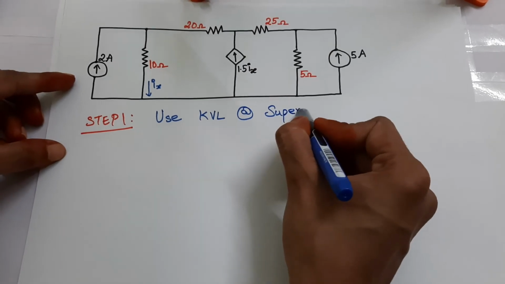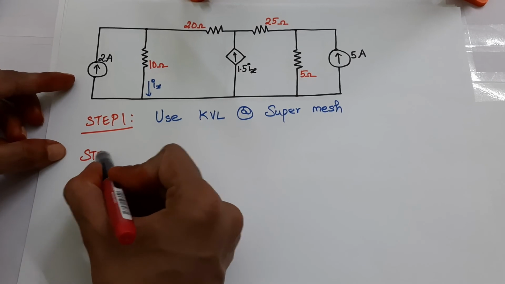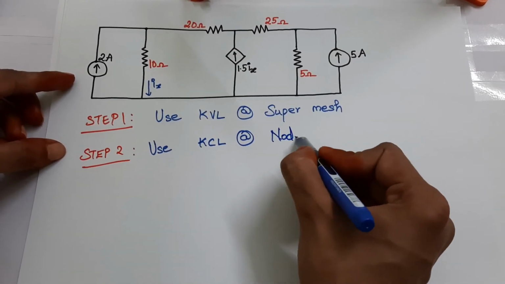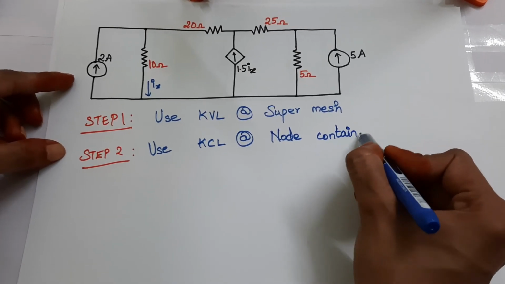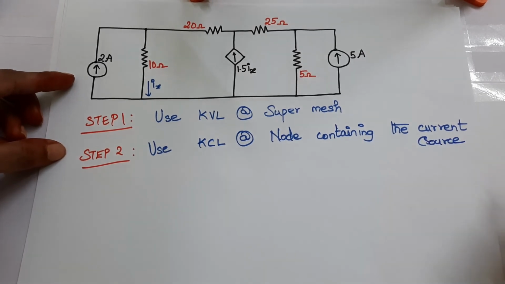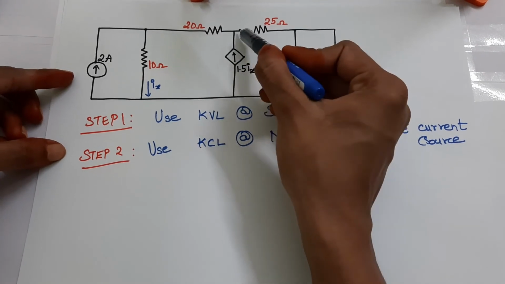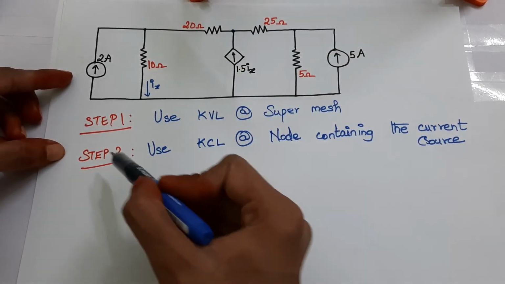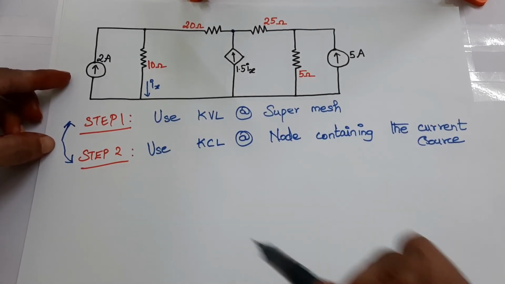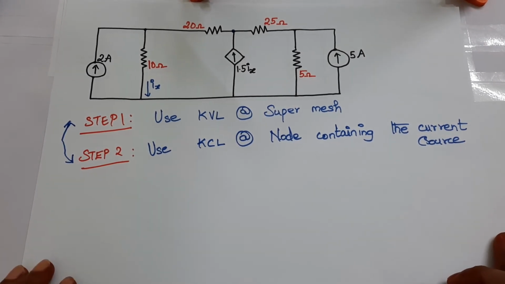By this time you will know what is the meaning of supermesh. Step 2 is to use KCL at the node that contains this current source, and when we solve both these equations we will get the unknown currents. This is how we solve a circuit that contains a supermesh.